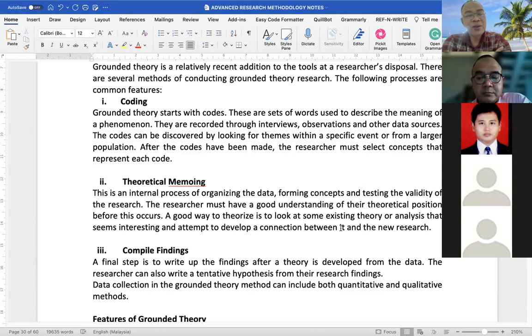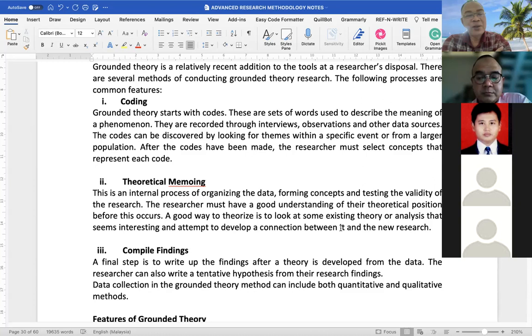So the researchers must have the background about the theories that they want to finally develop. That is called theoretical memoing.